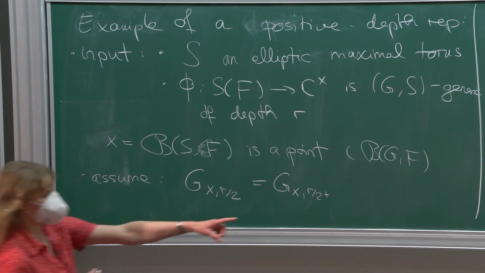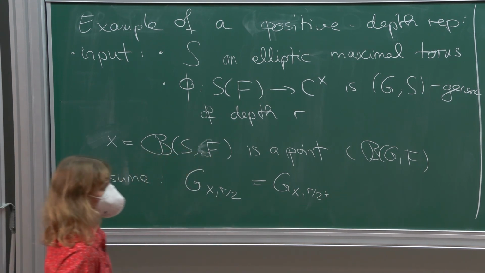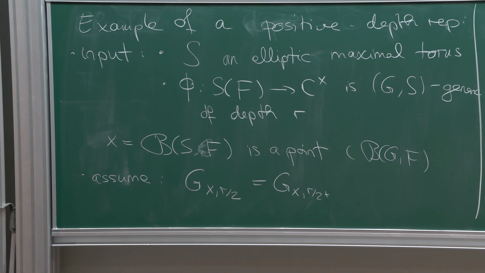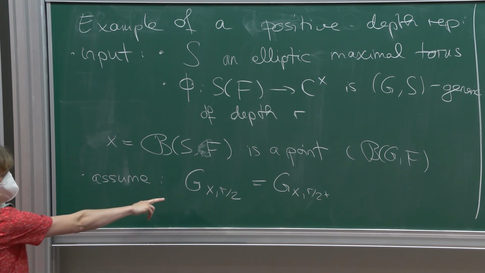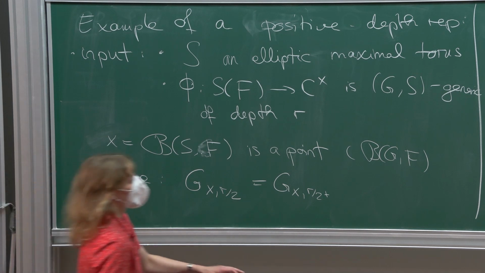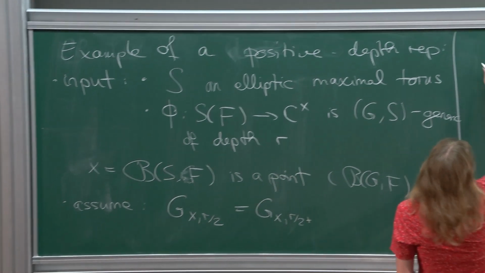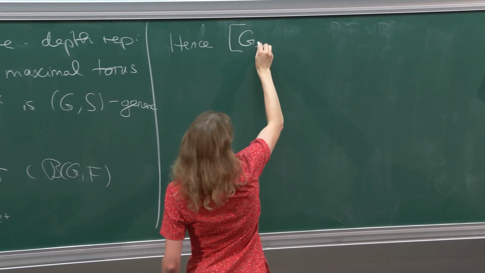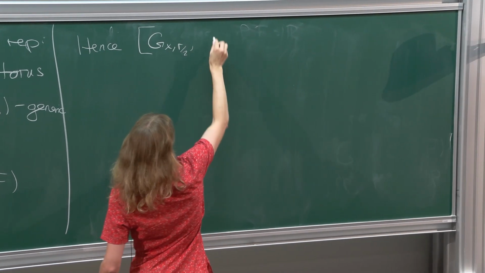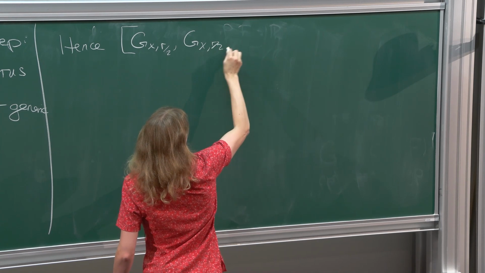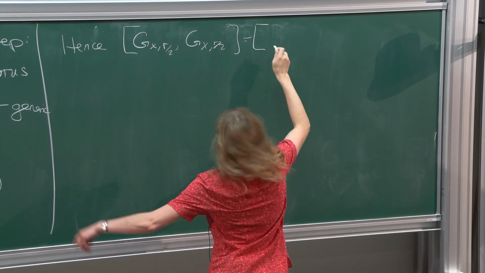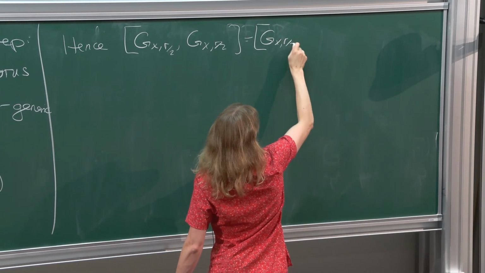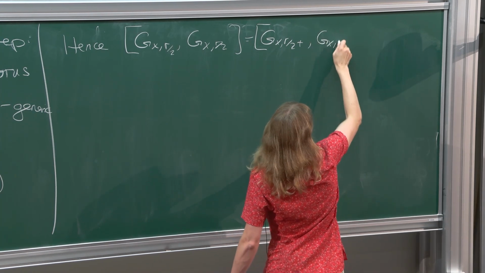For example, this is the case in the example over there. I'm getting there in a moment. So I want to make this simplifying assumption. Then that means that if I look at the commutator of G_{x,r/2} with G_{x,r/2}, by my assumption this is the same as the commutator of G_{x,r/2+} with G_{x,r/2+}.